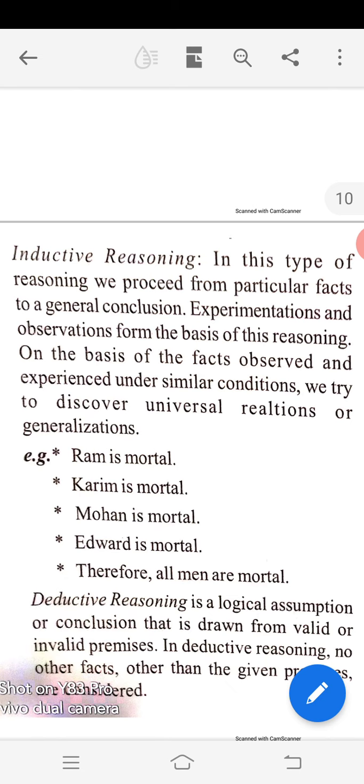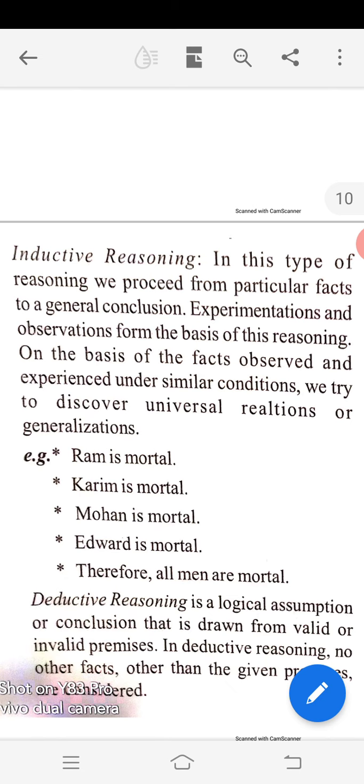Data will be obtained from the concrete data, and also the generalization process, the general conclusion. Here it is also based on premises.